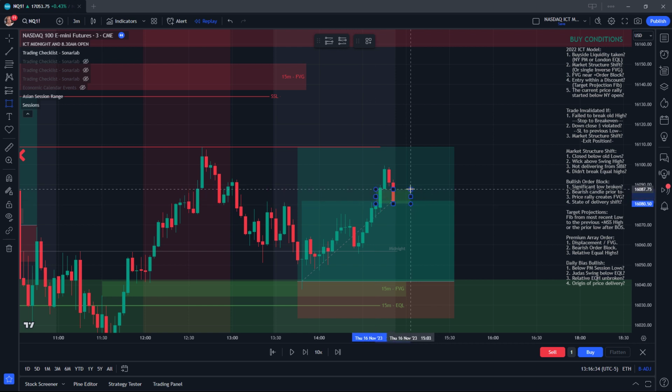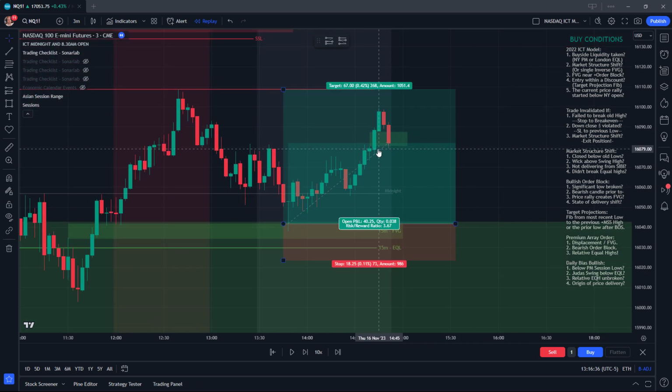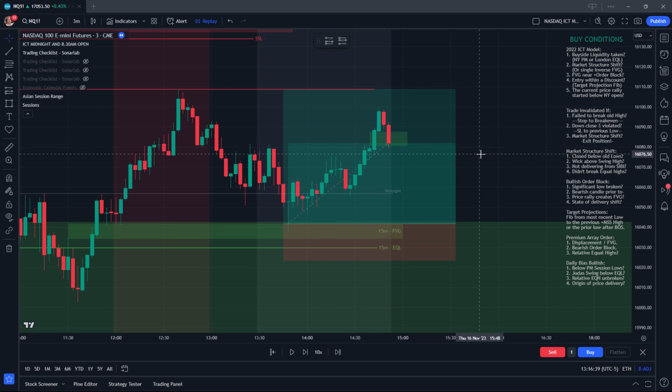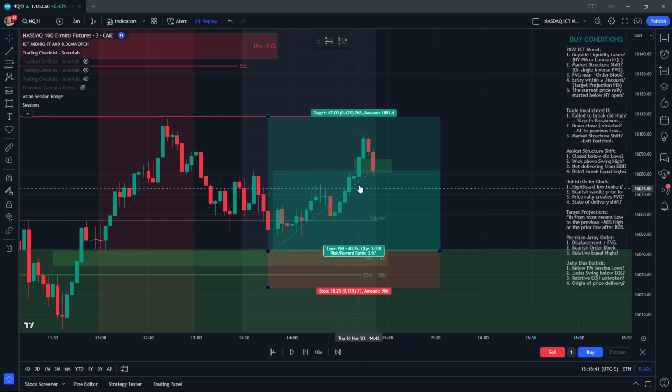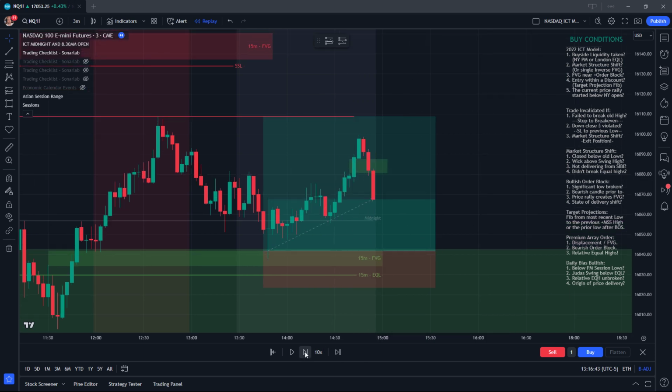We'll make a note of these discount arrays. If 3 of these fail, then we're basically in trouble. Okay, so that one's failed. Next is the lows here.